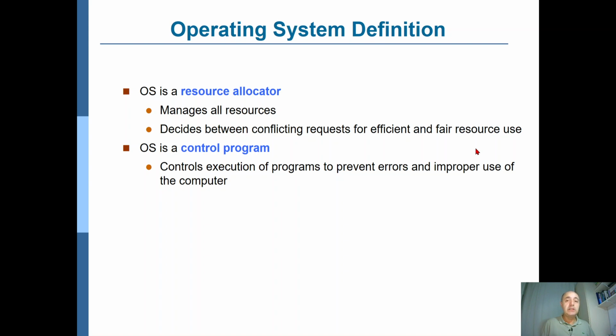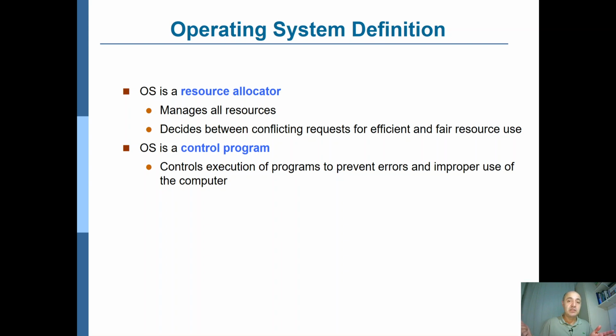Note that typically efficiency and fairness are conflicting. You try to increase efficiency because this process can use that resource in a more efficient manner. You would always be assigning this resource to this process, but then the other process will starve.